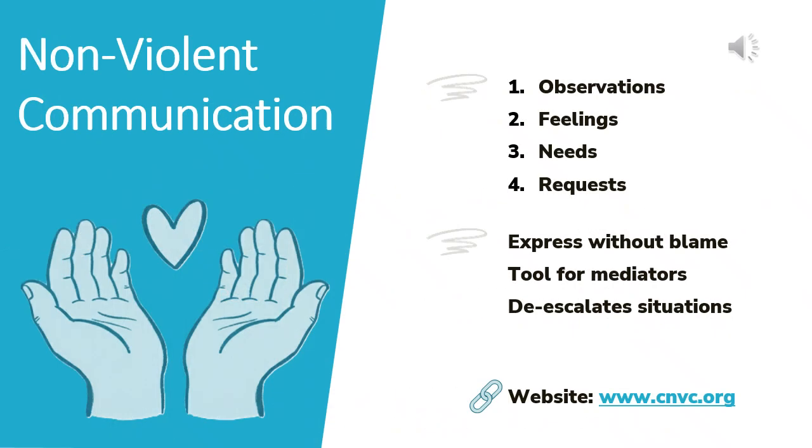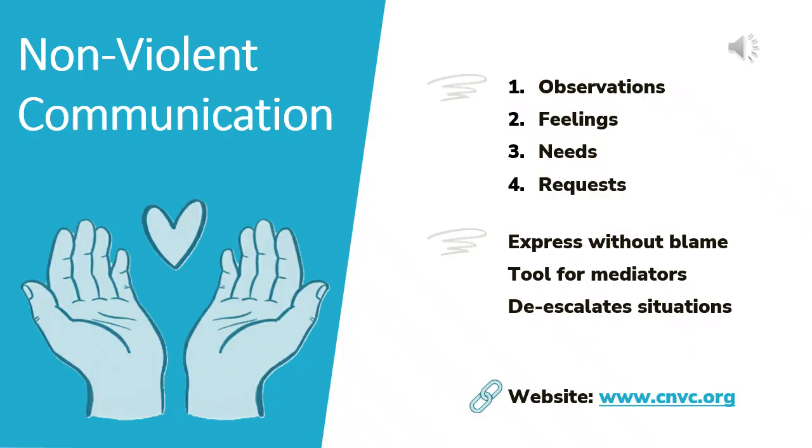Learning nonviolent communication will be useful during mediation. Nonviolent communication, or NVC for short, is a communication framework that focuses on expressing yourself honestly while listening empathetically to others, without blame or judgment. The 4 components of NVC are: observations, not evaluations.